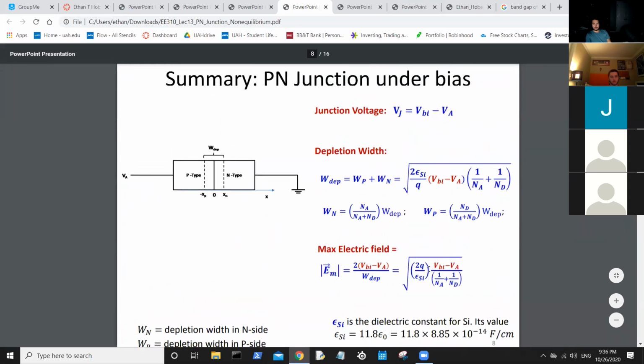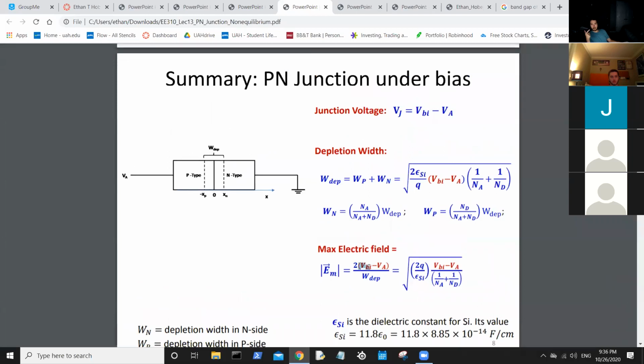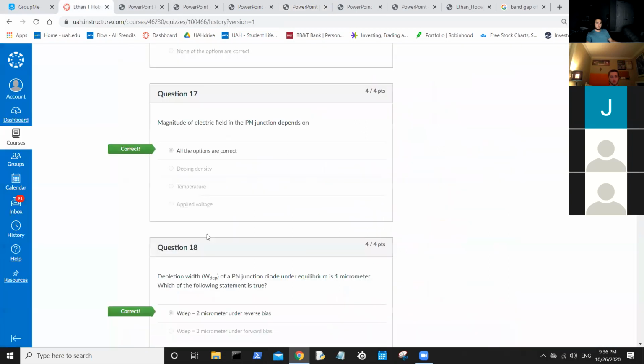Anywhere VBI was, you tack on a negative VA. And here's your electric field. VBI affects it, thereby temperature and doping density are parameters, and VA is right there, another parameter. Therefore, all of these parameters have an effect on the overall electric field magnitude in a p-n junction. Therefore, all the options are correct here.